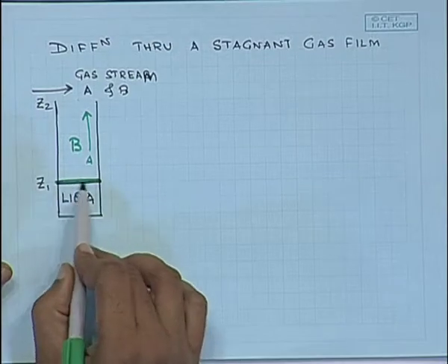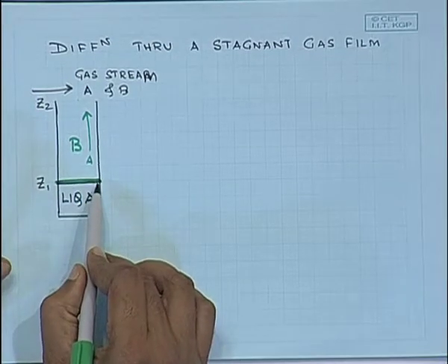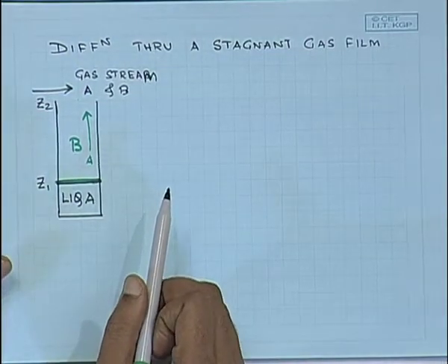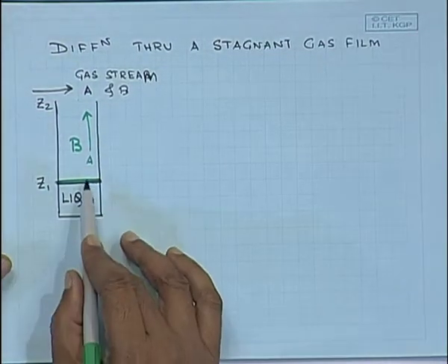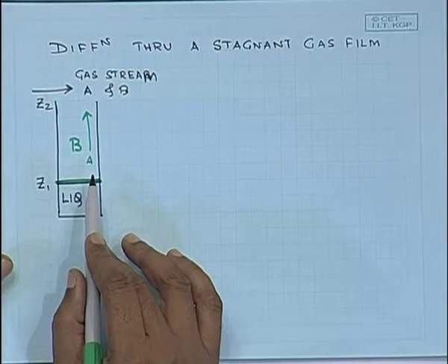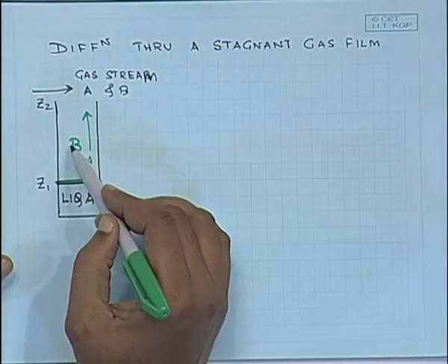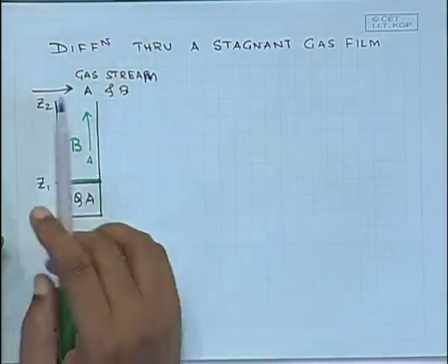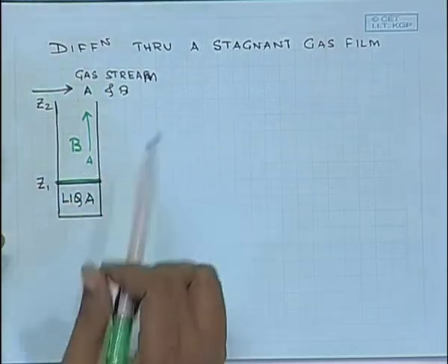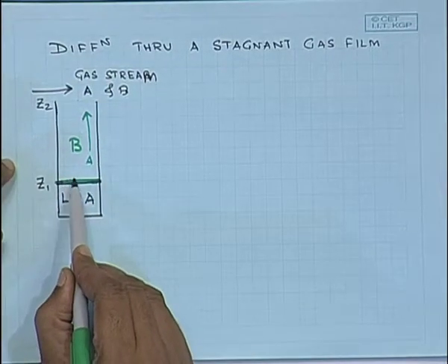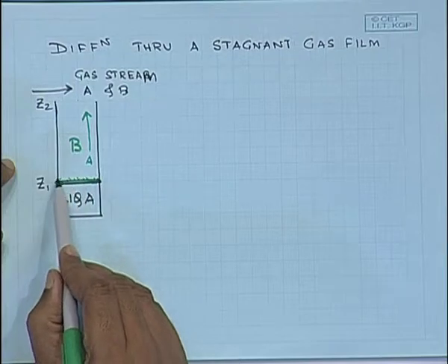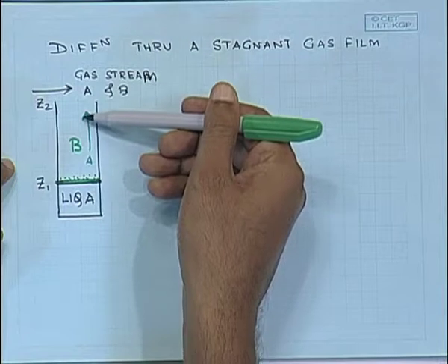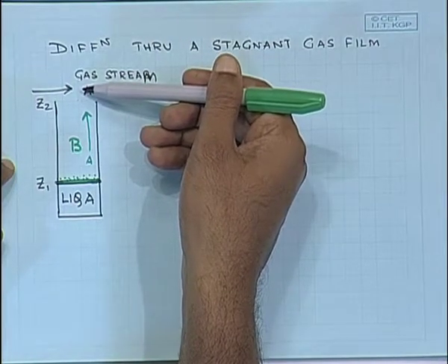When I had the cover on, what was the concentration gradient present in B? When there was no evaporation of benzene from component A, what was the concentration gradient in B? 0. No concentration gradient present at all. Suddenly what happens is, a number of A molecules are formed over here, and these A molecules will try to push the B molecules out of the system, isn't it so?